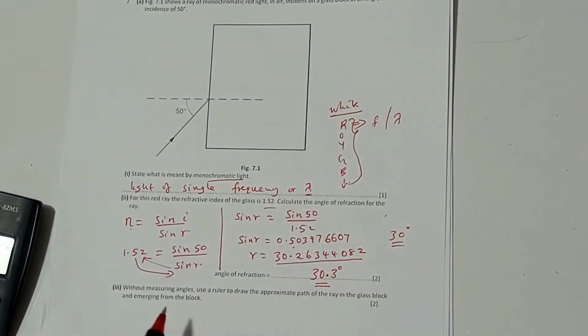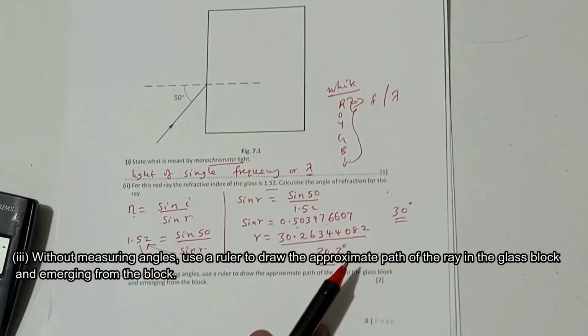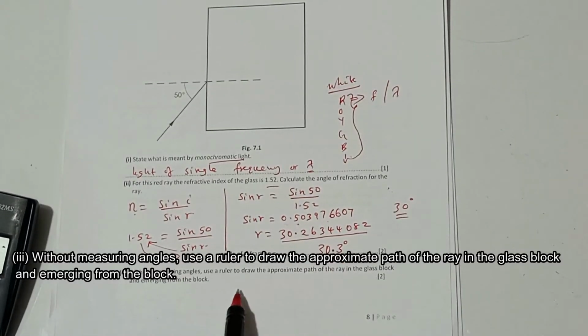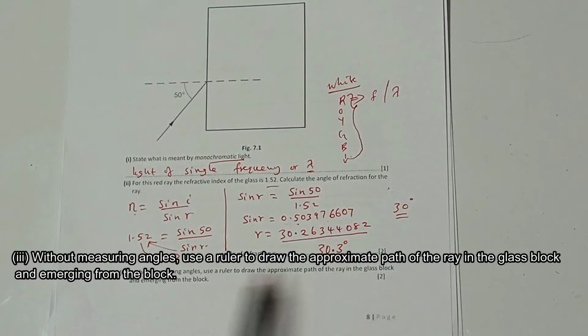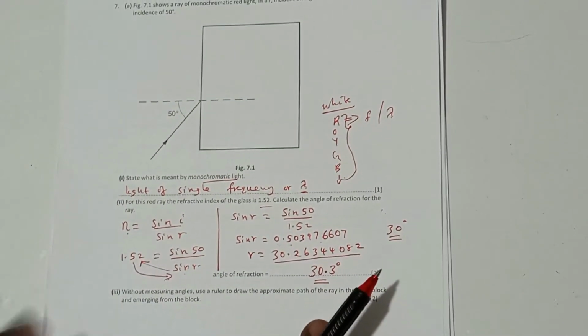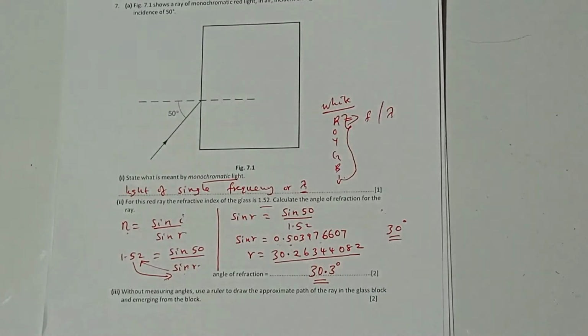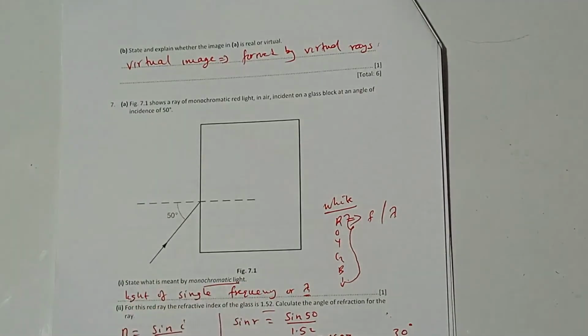Now, without measuring angles, use a ruler to draw the approximate path of the ray in the glass block and emerging from the glass block. For this particular question, we are not required to draw to scale, but we're going to do a sketch here, and the sketch must be appropriate.